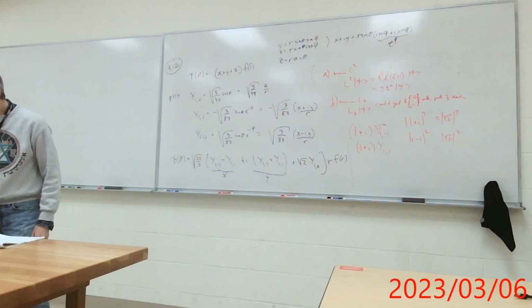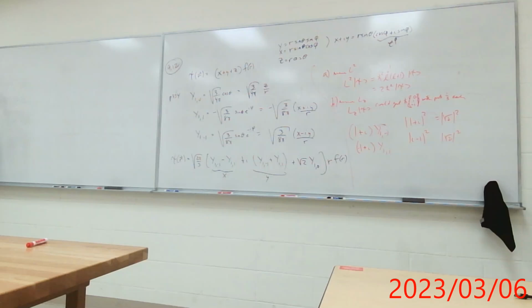So we're making a further simplification by defining u as just the radial part of the wave function times little r, where little r again is just the distance between the two particles.